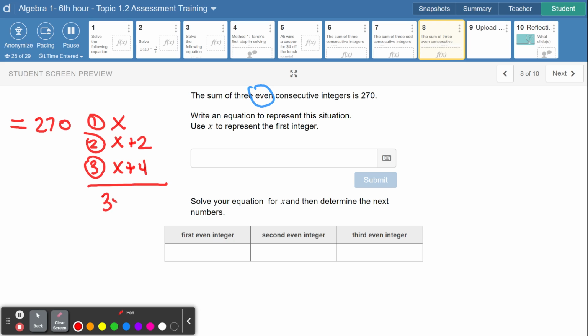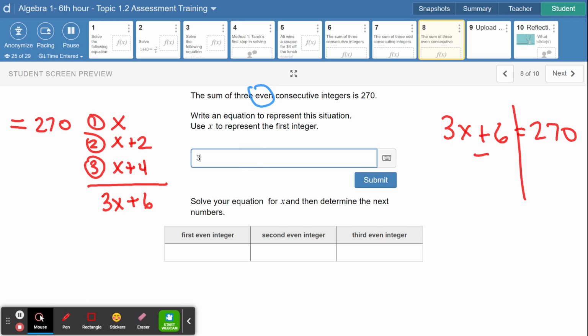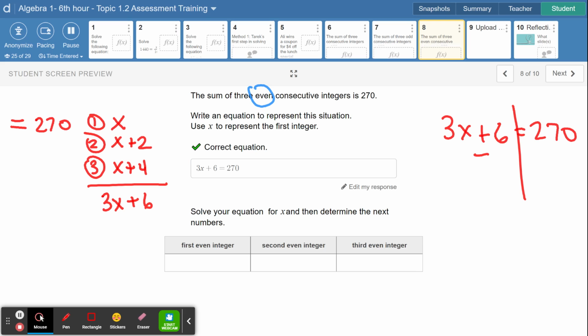So then we have 3x plus 6. And that equals the 270. Let's just confirm. So then we're going to minus 6 on both sides.